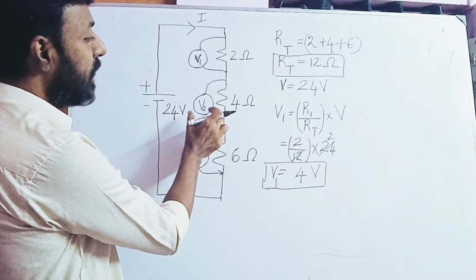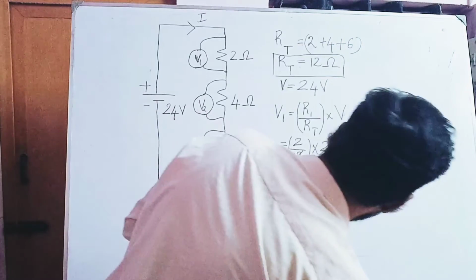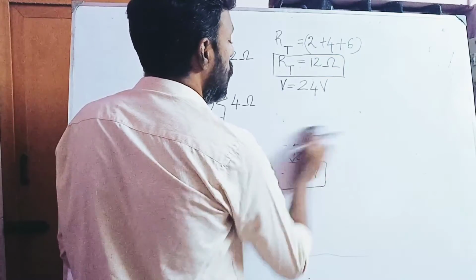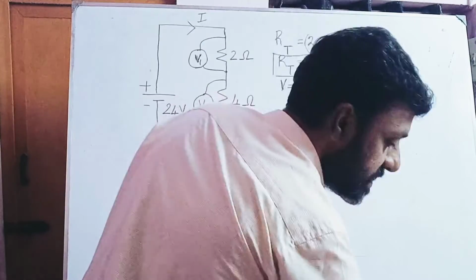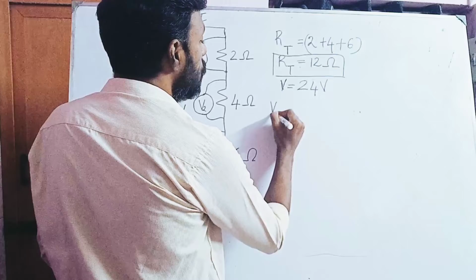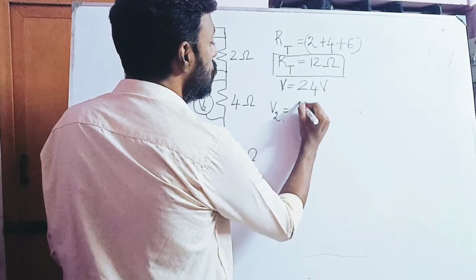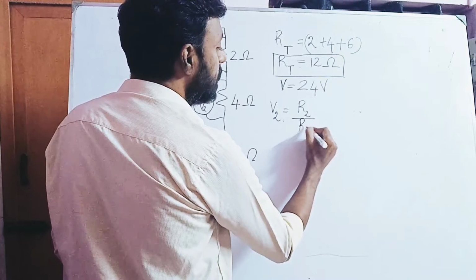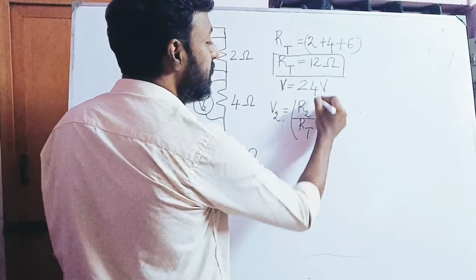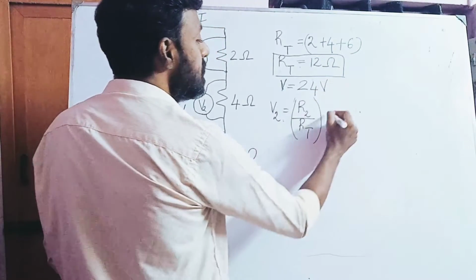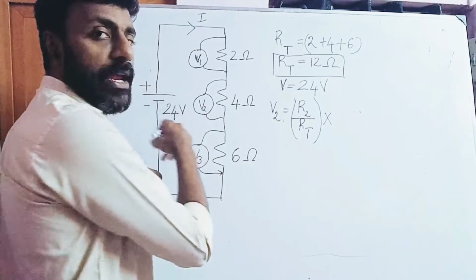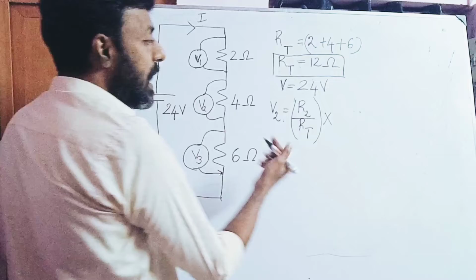Similarly, if you want to find V2, V2 is R2 divided by RT, where RT is the total resistance obtained by summing all the resistance values, into V, the supply or battery voltage.